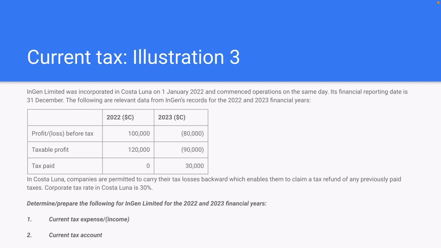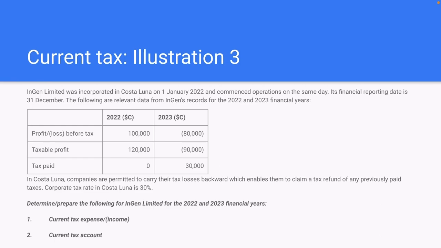And this is slightly complex, but I think it's still straightforward too. So we've got this company called Ingen Limited that was incorporated in Costa Luna on 1st of January 2022. And it commenced operations on the same day. And so it says that the financial reporting date, also the balance sheet date, is 31 December.